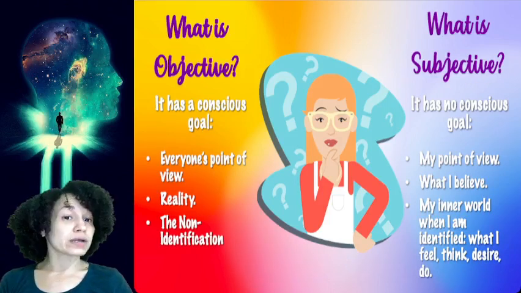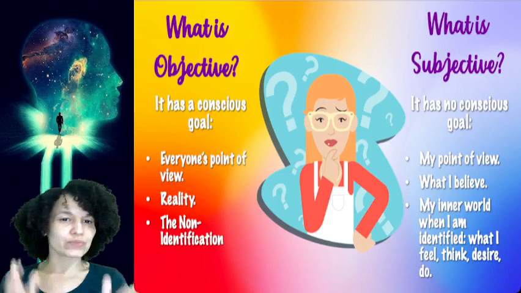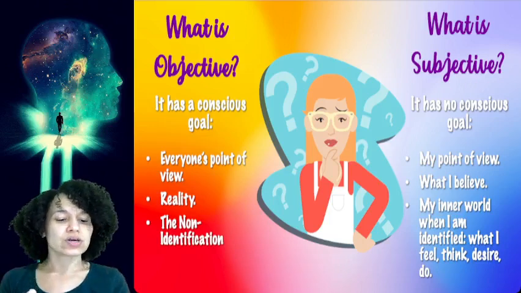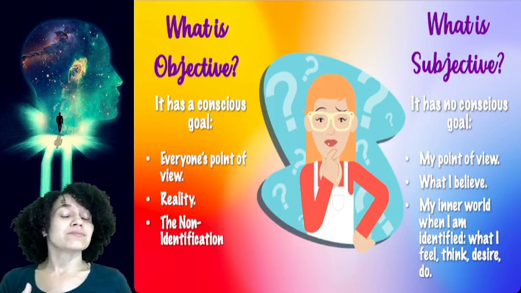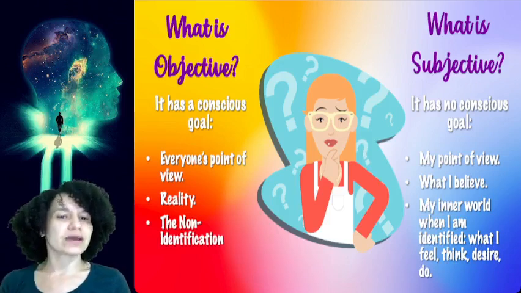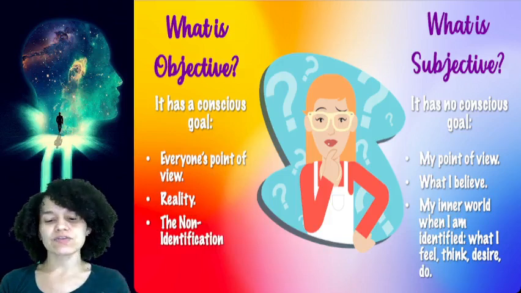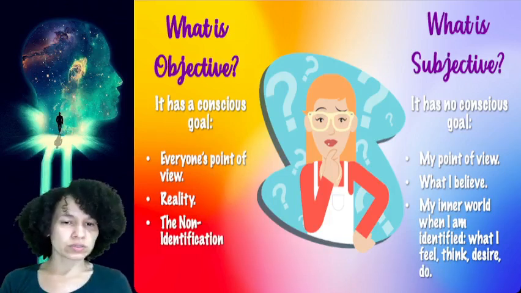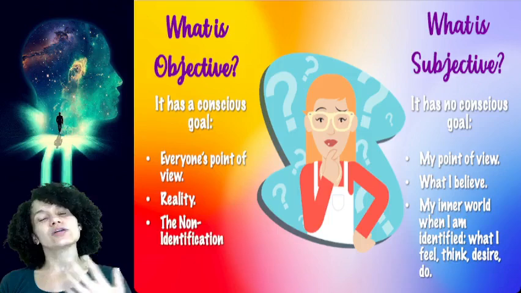It is also the one that recognizes that everyone in this world came with the same purpose, that in the end we are all one, and therefore we always tend to collaborate. The objective part in us will always be glad to collaborate, and will always be measuring the effects of our actions and how they will affect others, because what is objective is what has a conscious goal that takes into account everyone's point of view, which is always looking for the reality, not for the concept, okay?